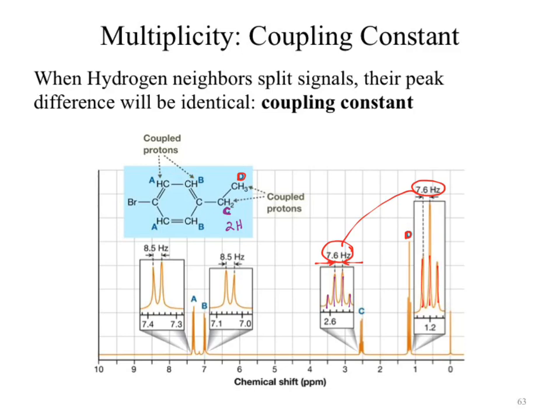You could measure that distance, and then whichever other peak gave you that exact same distance, you now know they're coupled to each other. Generally, not super relevant.